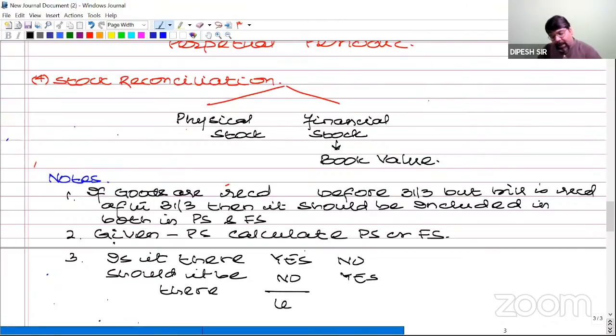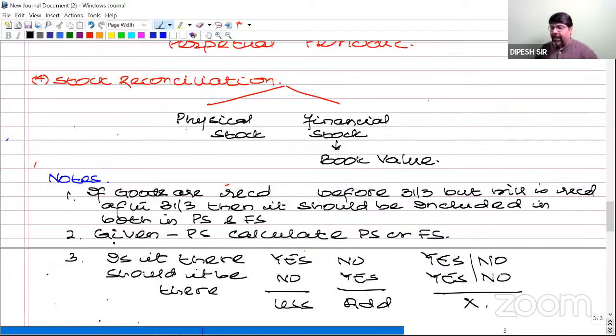No. Then you will subtract. Is it there in your godown? No. But should it be there? Yes, it should be there. Then you will add. If both are yes, or if both are no, then you will not do any treatment. Am I clear, chartered? Yes. Shall we move ahead? Yes.